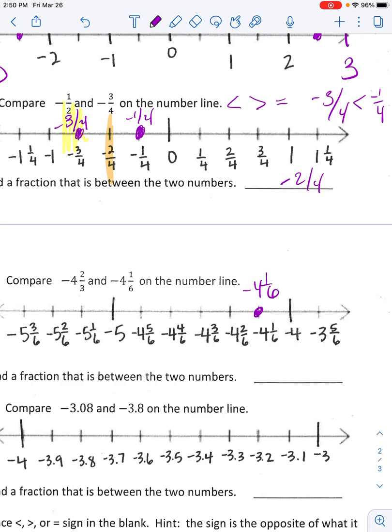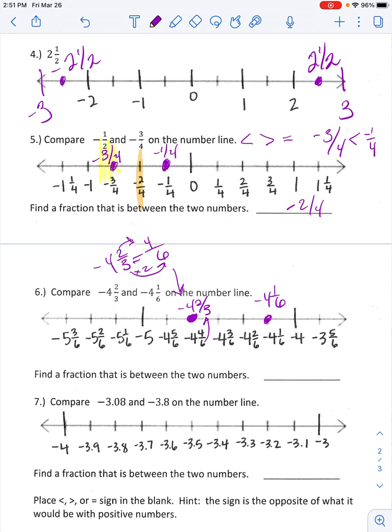All of these are out of sixths, so you have to convert this out of 6, times 2 times 2. So this is going to be a -4 4/6. Okay. So this is the same as -4 2/3, because if you were to simplify 4/6, you're going to get 2/3.